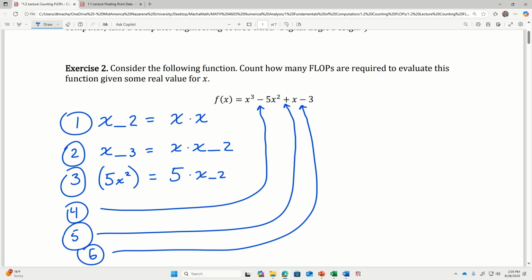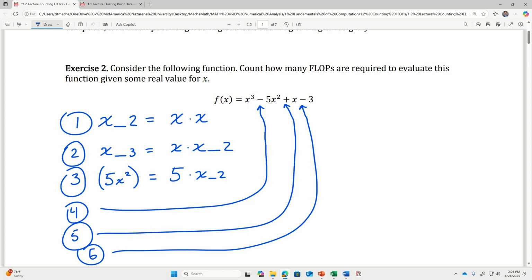So, I'm sure you all had the right idea. The most common answer that I would normally expect is someone to say, well, I need to multiply x times x times x. So that's 2 flops to get x cubed. And then x times x for x squared times 5. And that's 4 flops altogether.